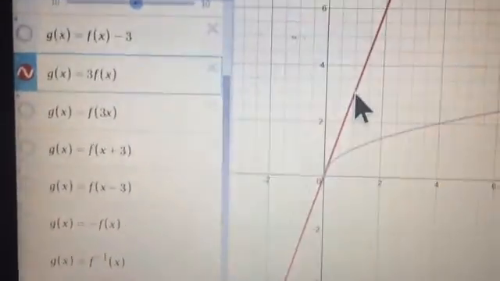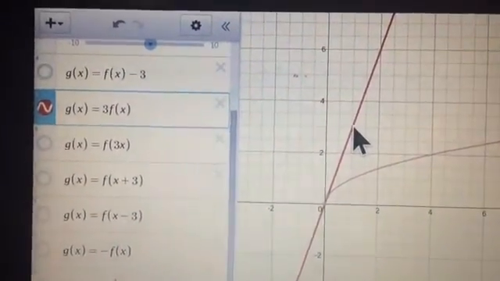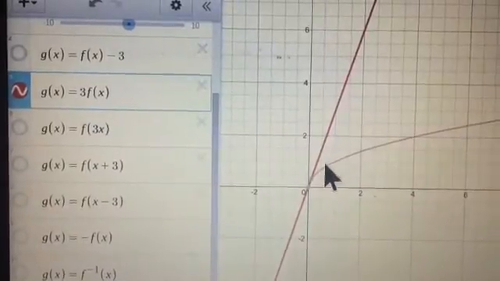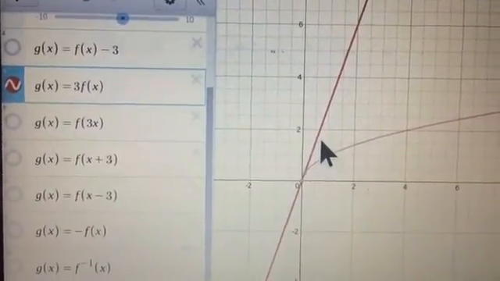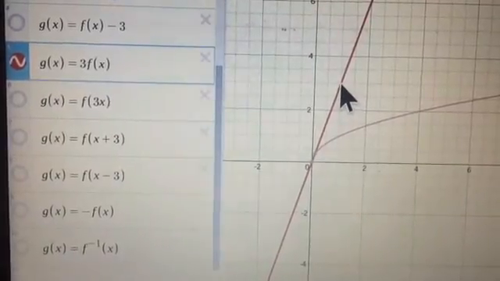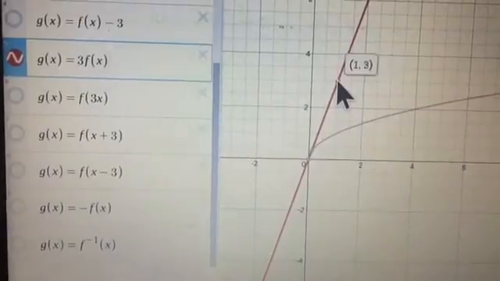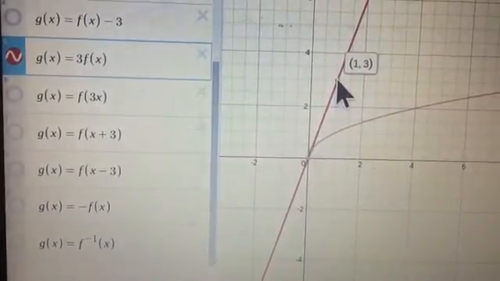Then if we plug in g of x equals 3 times f of x, it moves up 3 units. So the new point would be 1 comma 3, as you can see right there.